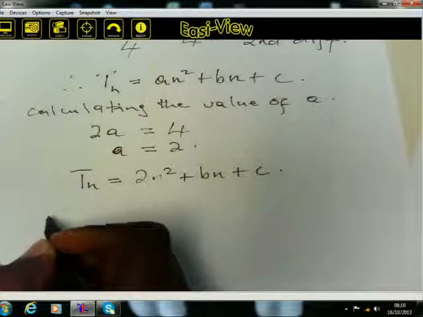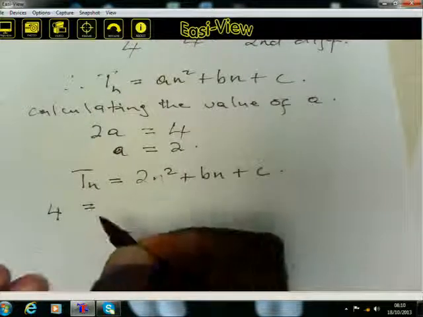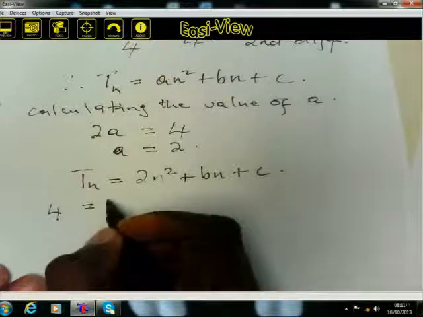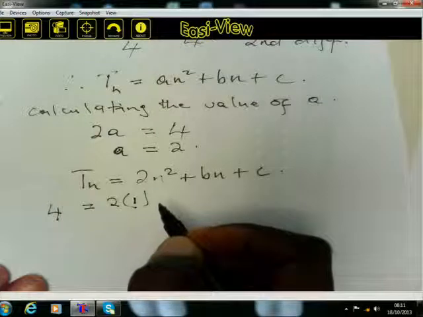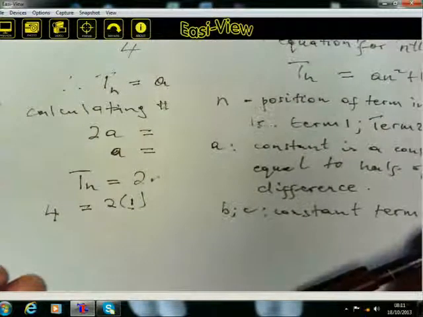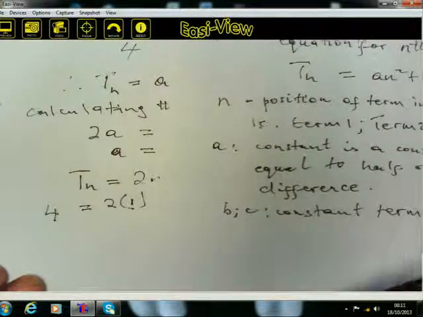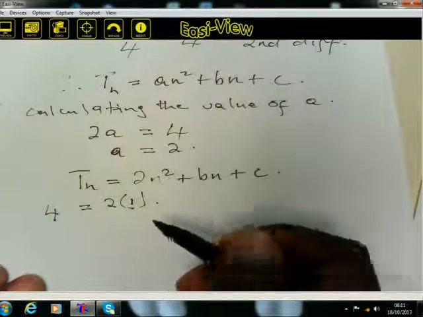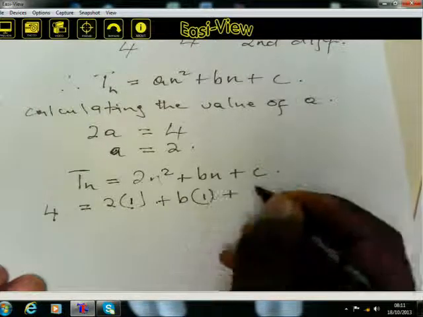We are going to say 4 will be equal to 2 into 1, because n stands for the position of the term in the sequence, whether it's the first term or the second term or another term. Therefore, 4 will be equal to 2 into 1 plus b into 1 plus c.